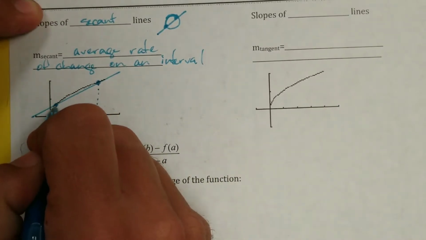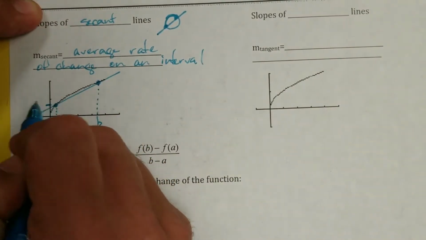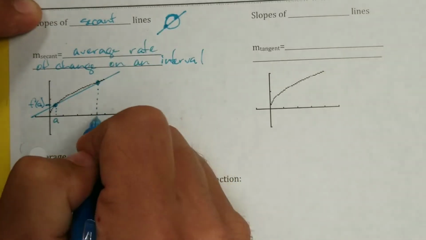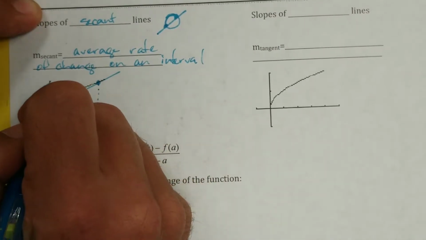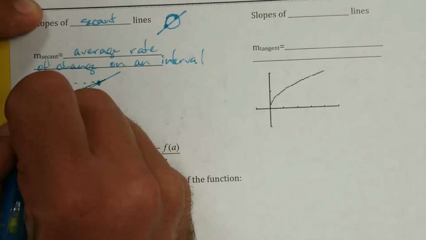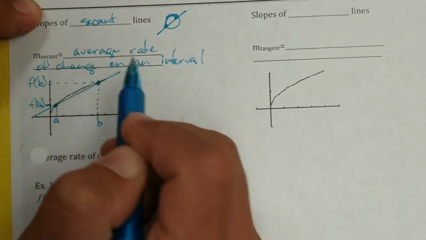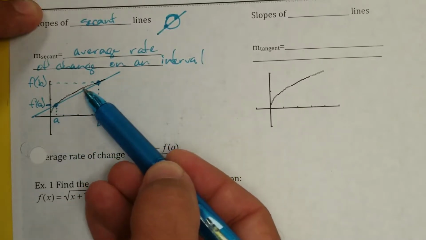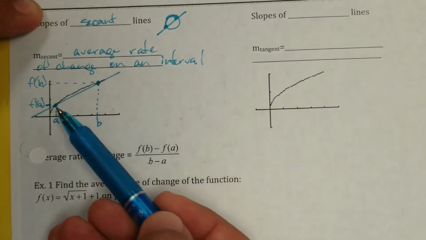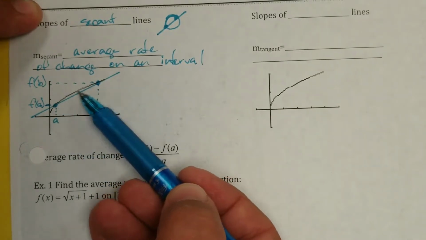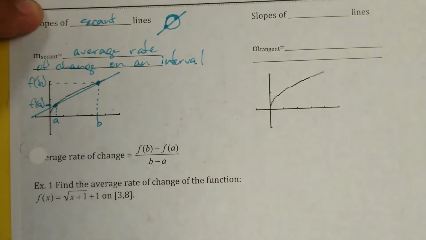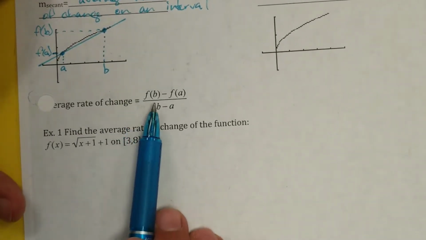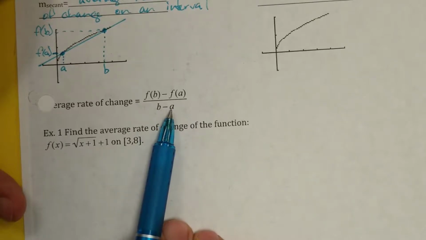Okay, so here at x equals a, this is going to give us f of a, and this at x equals b, that's going to give us f of b. You can see that it's not exact. Okay, we're not finding the exact slope of that curve, but it's pretty close. We can run a secant line through these two values using just the regular slope formula. It looks a little different, but it's just y minus y over x minus x.